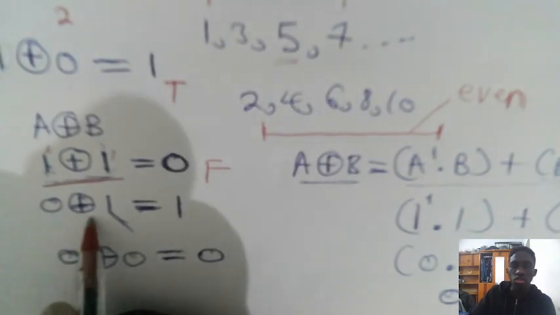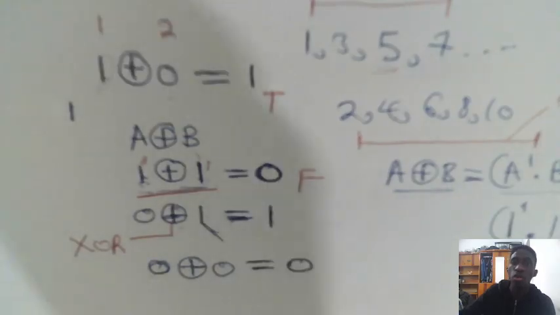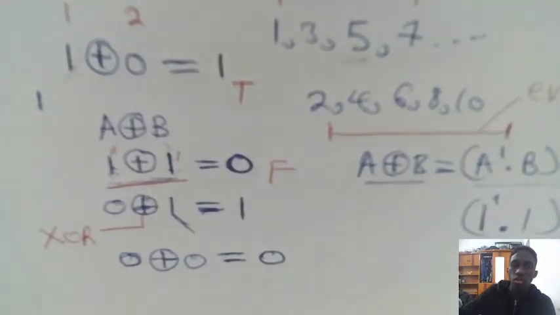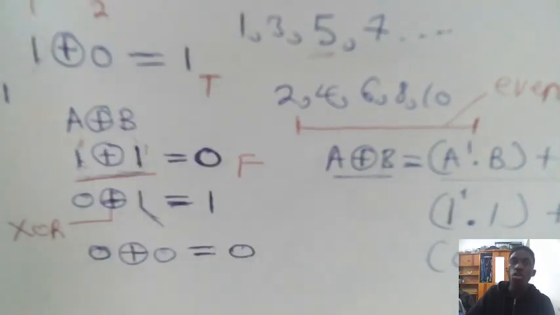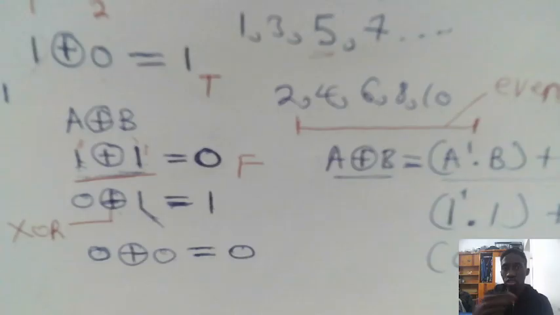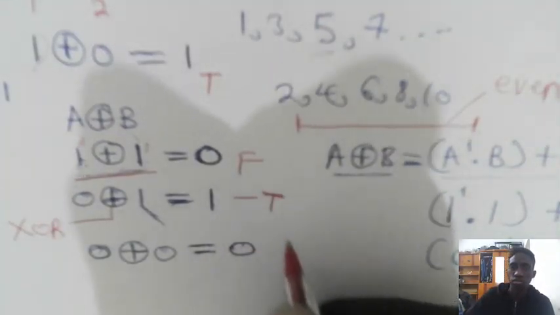Here I have 0 exclusive OR. This is the exclusive OR symbol, XOR, as we call it. And what's the output here? 0 exclusive OR 1. We only have one true value. So 1 is odd, meaning that my answer is true.